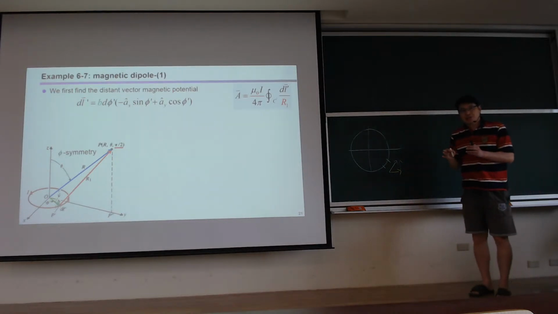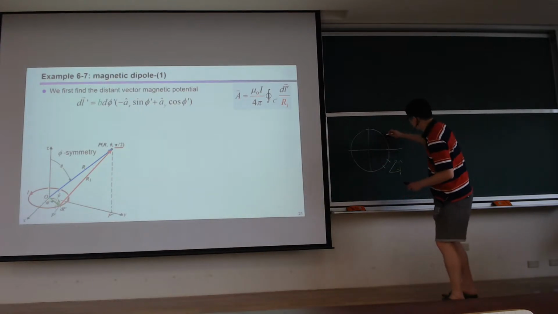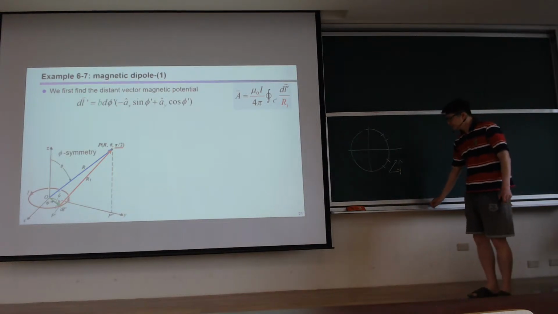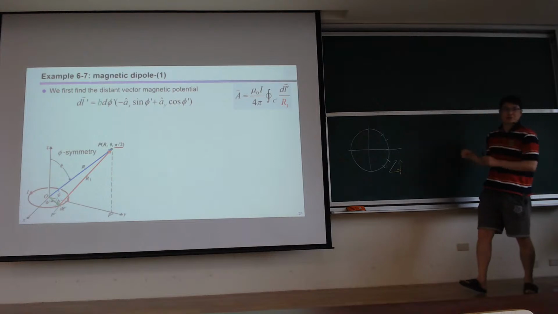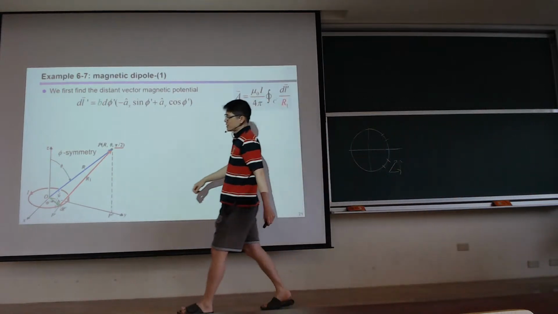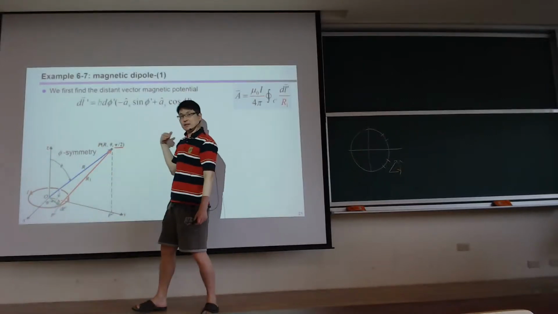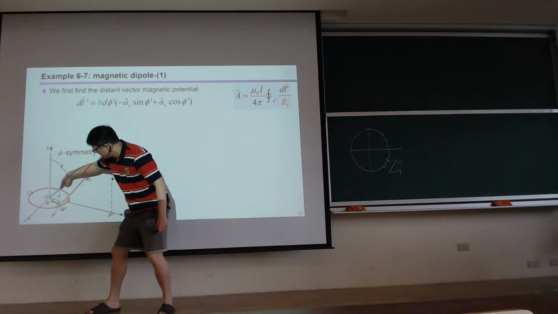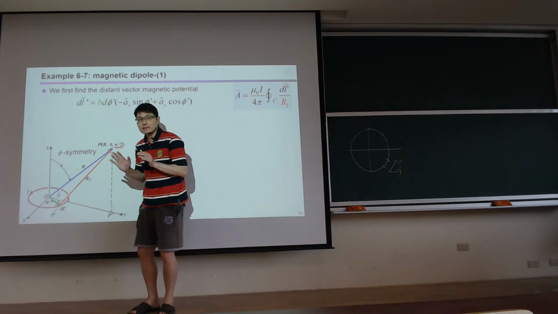So symmetry tells me I can find another piece of segment here, right? Which is equally distanced to my observation point. What I'm saying is, since the observation point is to the right, so basically this segment and this segment would be somewhat equal.